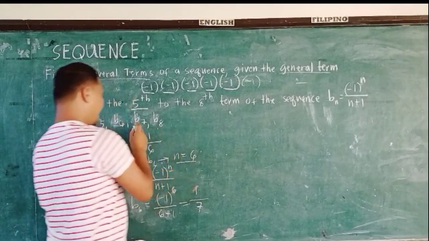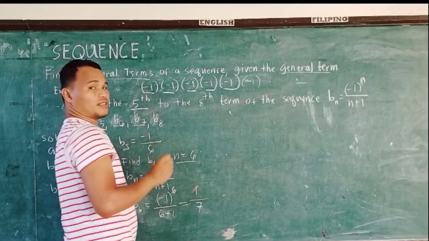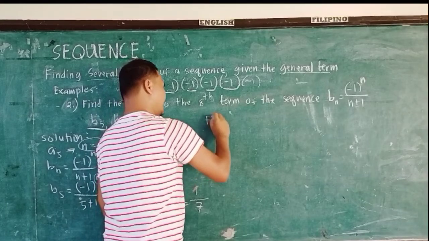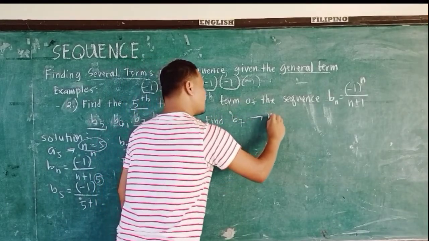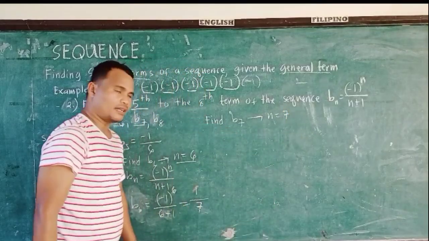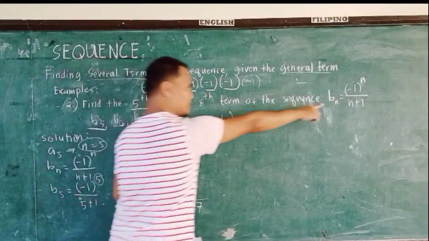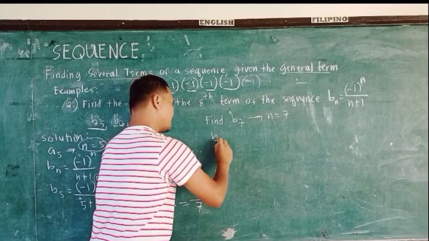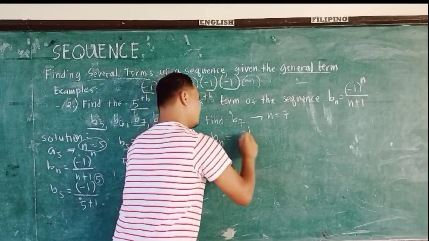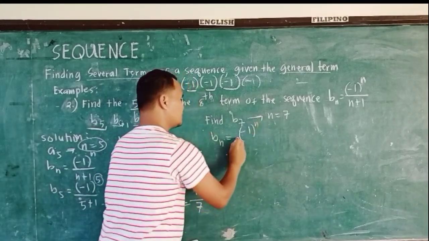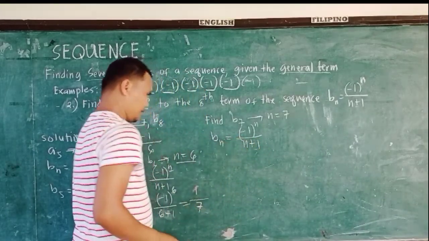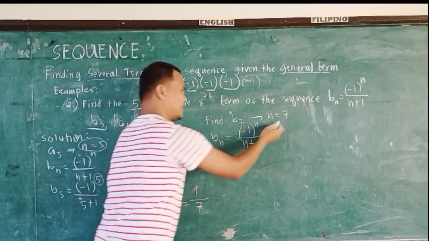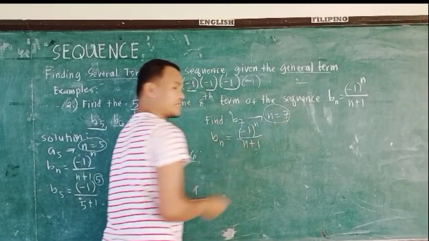So, next is find b sub 7 or the 7th term. Find b sub 7. This implies that again n is equal to 7. Then use the general term b sub n equals negative 1 raised to the power of n all over n plus 1. So substitute the value of n this time, which is 7.